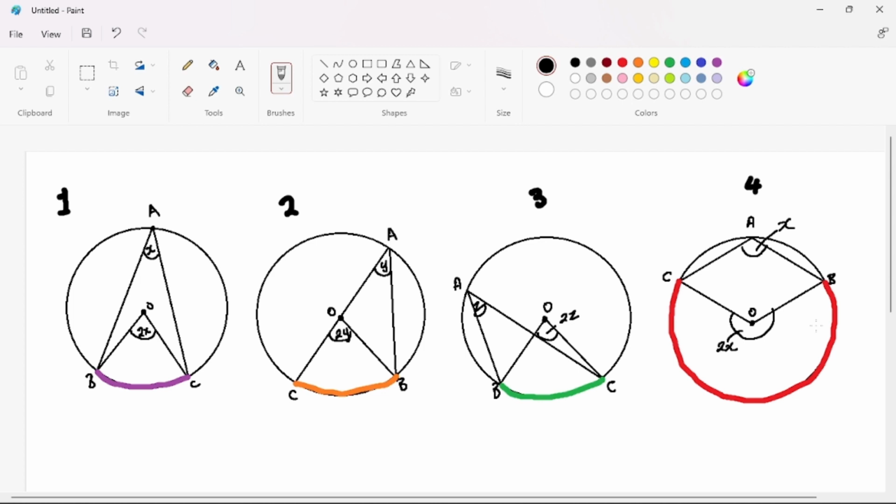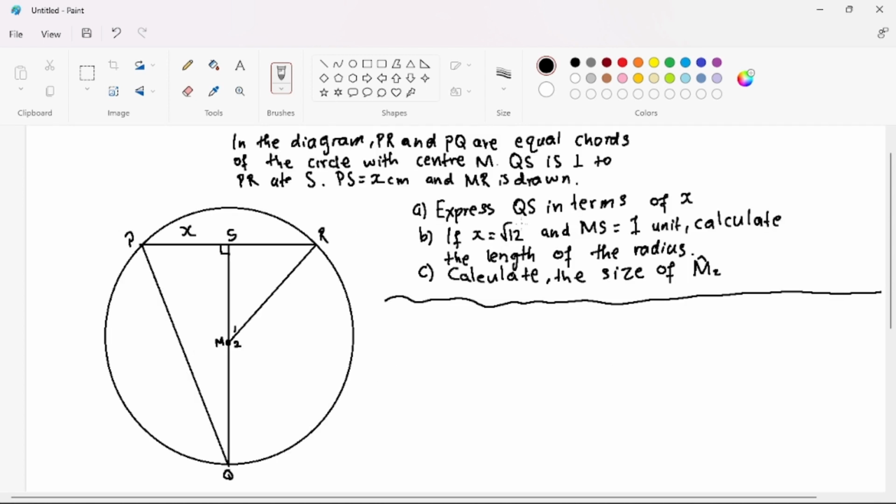So let's go to our practical question, where we are going to apply our second theorem. Okay everyone, let's look at this question, right? We are given a statement and a diagram. I would like us to use the very same procedure guys.